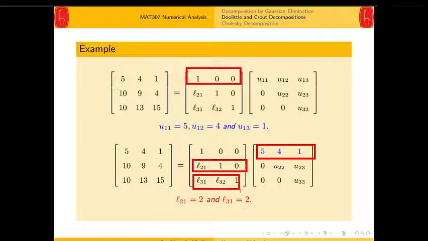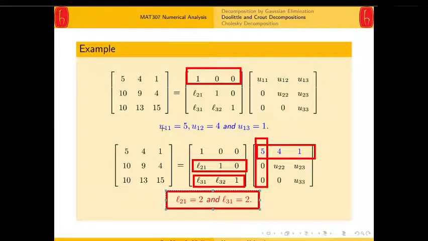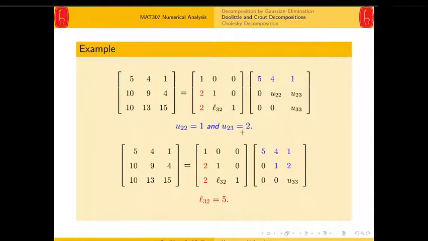Again multiplying this row with this column, we obtain 5 times L31 is equal to 10, so L31 is equal to 2.